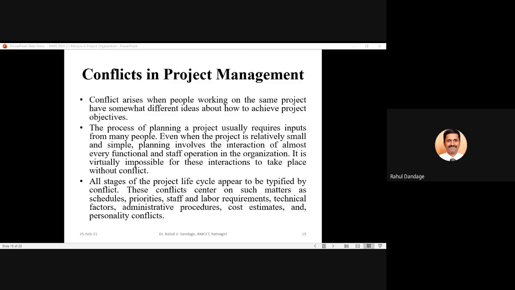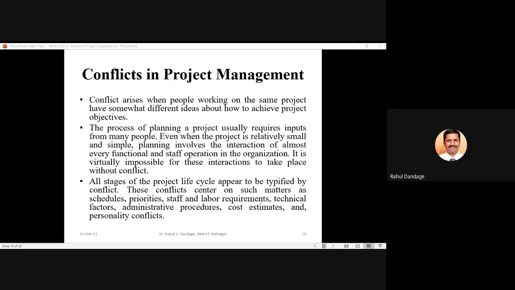If this is happening, then we may feel that there is some sense of bossing, there is some sense of mistrust among the team members. So sometimes we say it is good that there is some conflict. Conflict will be there when people are open, when people have the confidence to express their ideas. Then only there will be chances of having conflicts. So sometimes we say having conflicts is also good.